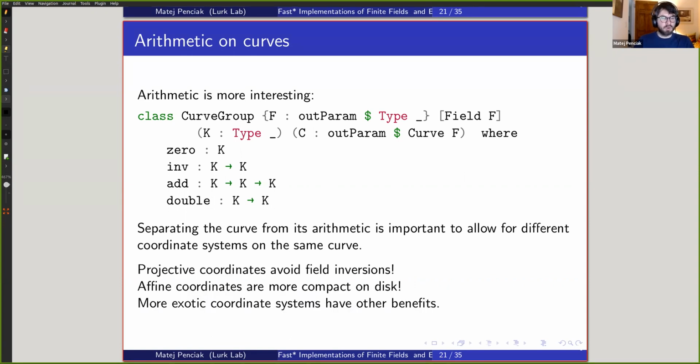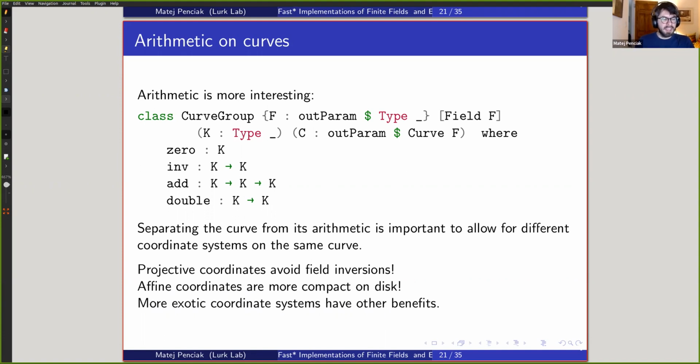For example, projective coordinates allow you to do addition and doubling without having any field inversions. Whereas affine coordinates have one less field element that you have to store on disk, so it's more compact.